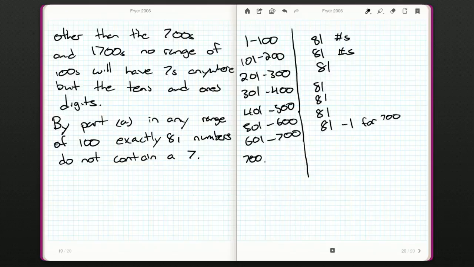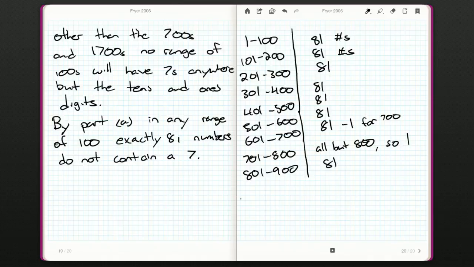So 701 to 800. We just get one, namely 800 by itself is the only number in this range that doesn't contain a 7. All of the other ones have a leading 7. Now we're back to 81 of them.